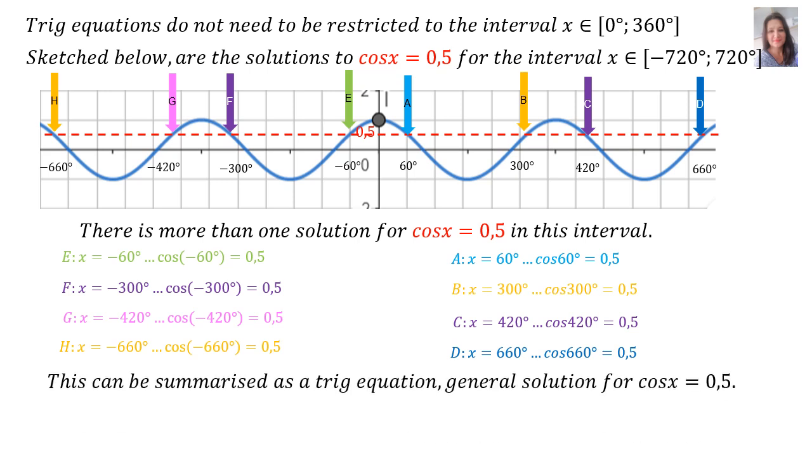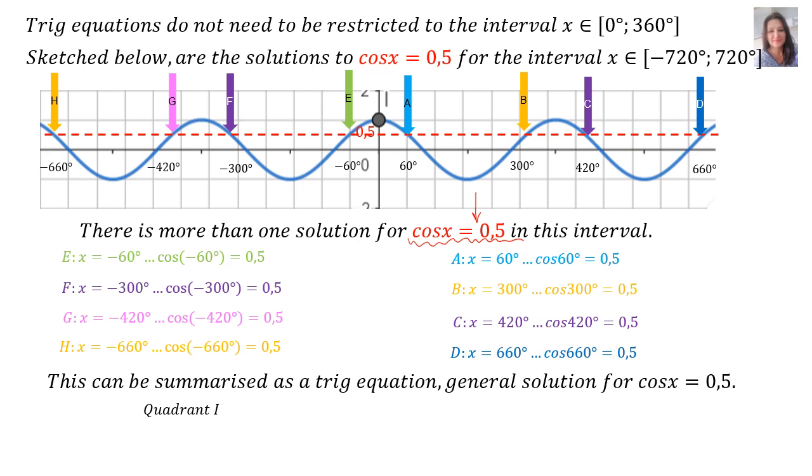Now, all of this can be summarized as a trig equation, the general solution for cos x is equal to 0,5. And there's two situations. The first one is quadrant 1. Now where does that come from? Remember when we did this specific solution, when you go back to cos x is 0,5, we said we look at the sign there in front of the 0,5 and then we decided in which quadrant we are working.